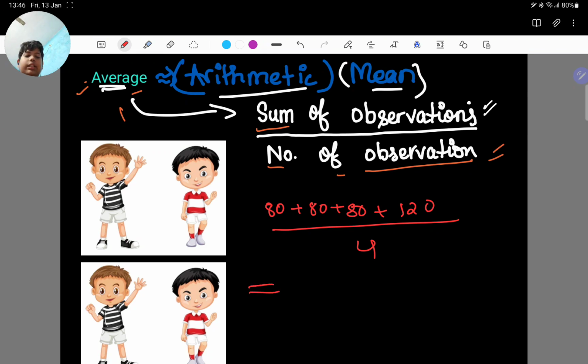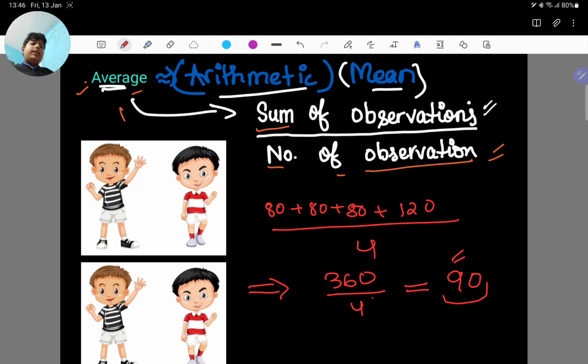So 80, 80, 80 means 240, plus 120 is 360, divided by 4, and this will be 90. So we did it in another way, but the answer is always the same. And in my opinion, my way will be a better one when you are solving the questions.